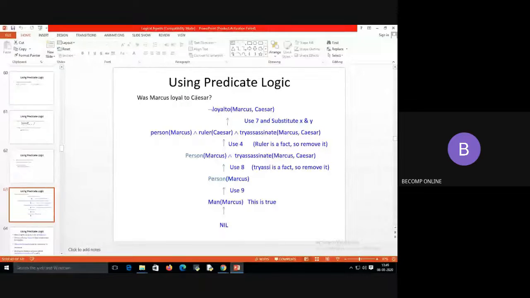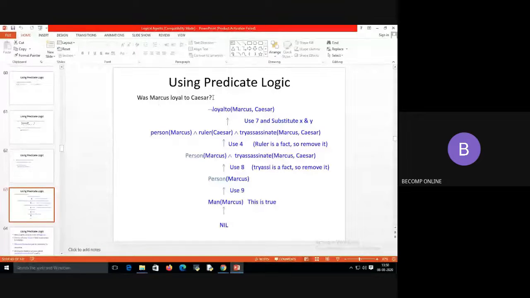Since you have to begin with the goal, you first have to convert this sentence into a predicate logic representation. Loyal to is a predicate which comprises Marcus and Caesar.